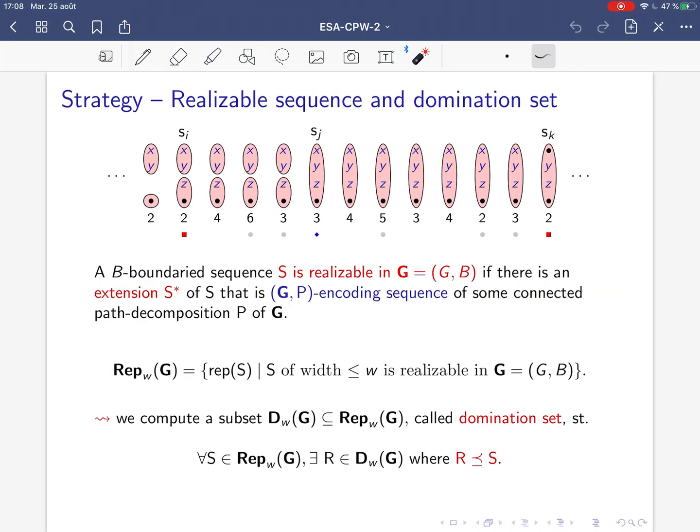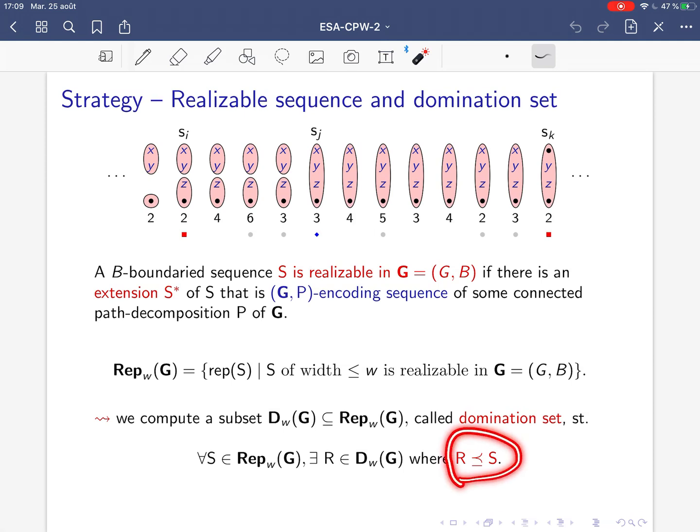But it would be too complicated to maintain the set of representatives. Instead, we'll maintain what we are used to call a domination set, which is a subset of the representatives, such that for every representative there is one element of the domination set that dominates it.